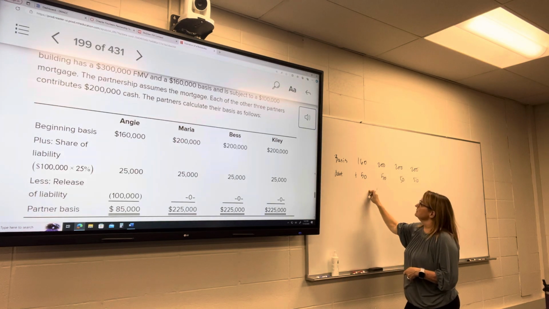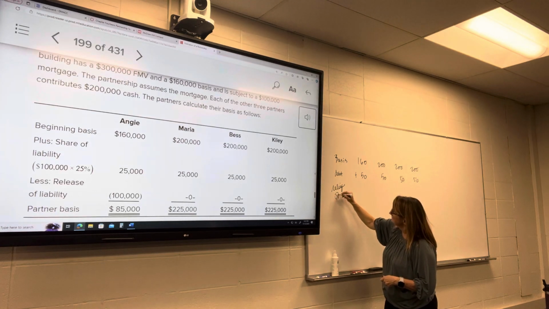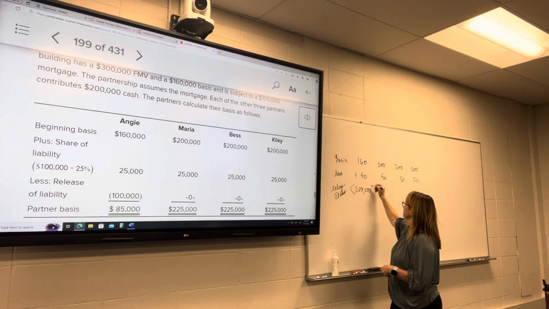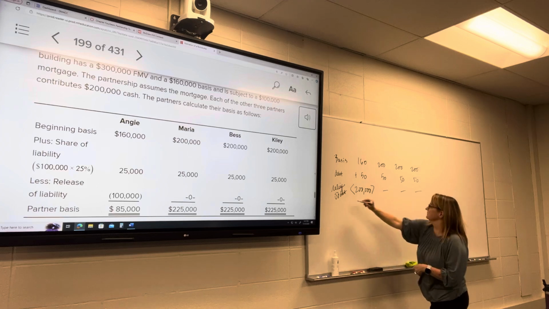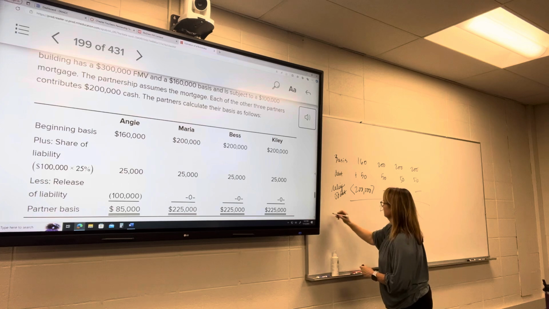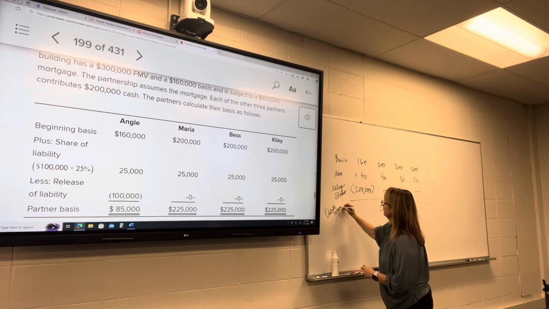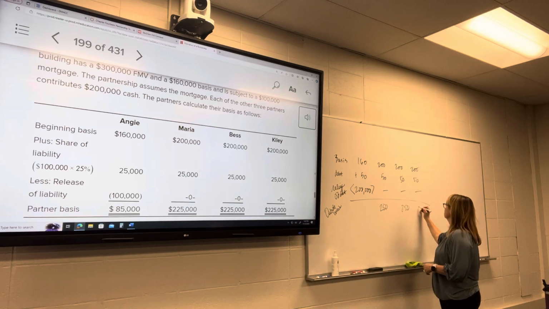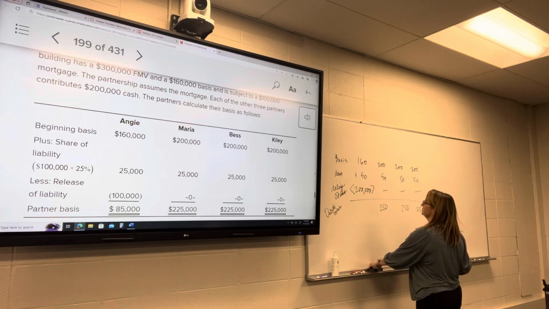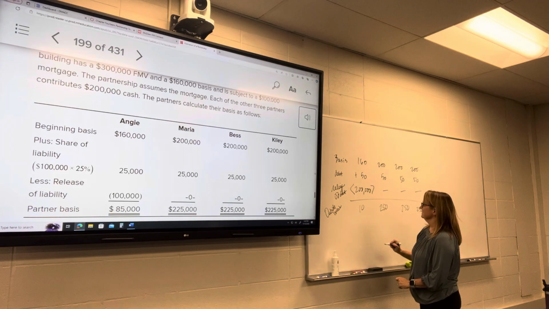But the relief of debt is 200,000. Well, these folks don't have to worry about that. So for each partner, their outside basis is 250, 250, 250. But this one, oh, I didn't do it right. Because we're still at positive here, aren't we? Because this would be a 10 basis.